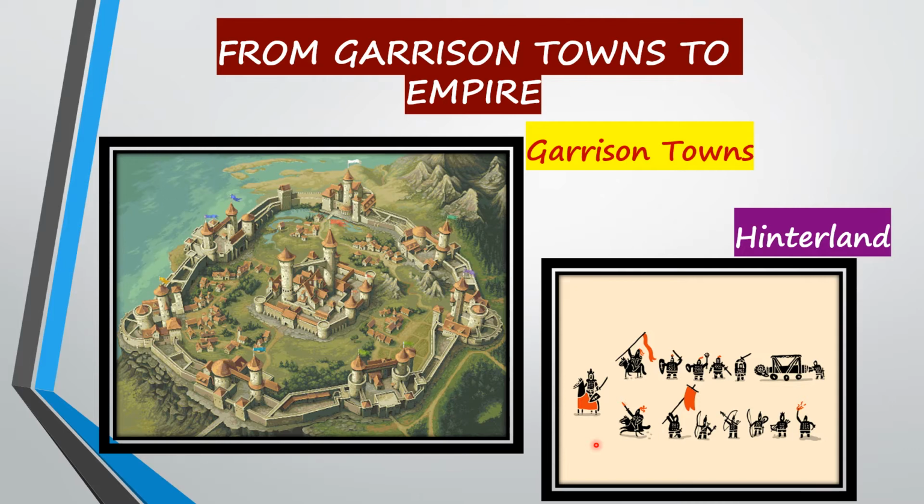The sultans rarely controlled the hinterland. What do I mean by hinterland? Hinterland is the land remote and away from the coast. The sultans and emperors could not have extended control over all the regions under their power.